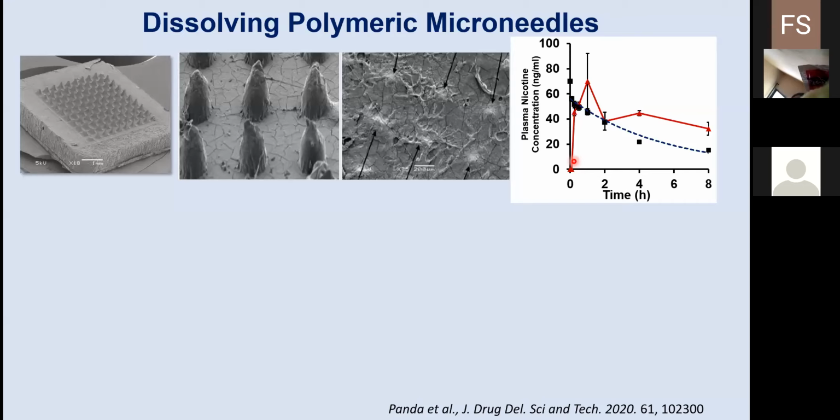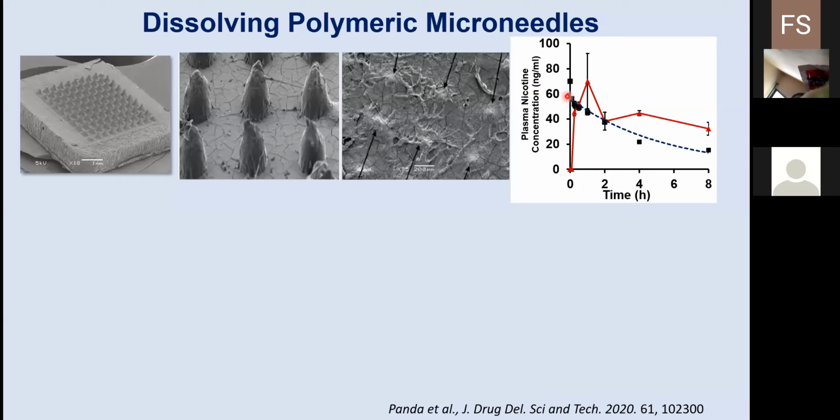So the problem with the current delivery systems like chewing gums and patches is that there is a long lag between the time you apply it and the time you see a surge in the drug concentration in the blood. To overcome that, we made microneedles, and we found that when you apply microneedles incorporated with nicotine, we were able to deliver significant amount of nicotine into the systemic circulation.